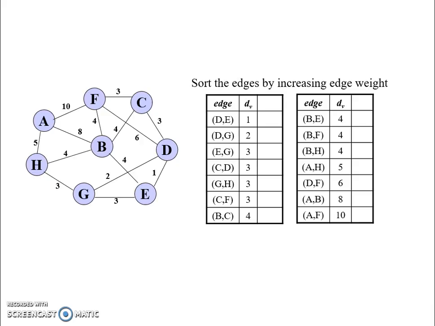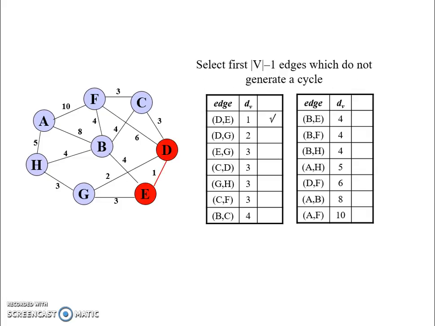So here I am selecting the edge DE having the cost 1, and I am including it in the spanning tree because it doesn't create any cycle. Next I am selecting DG which has a cost 2, which is also included in the spanning tree because it doesn't create any cycle. Next I am taking the third one, edge EG having the cost 3.